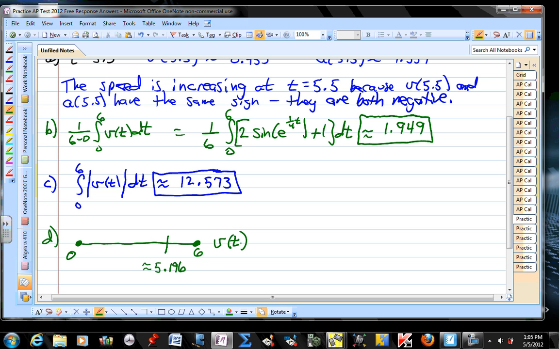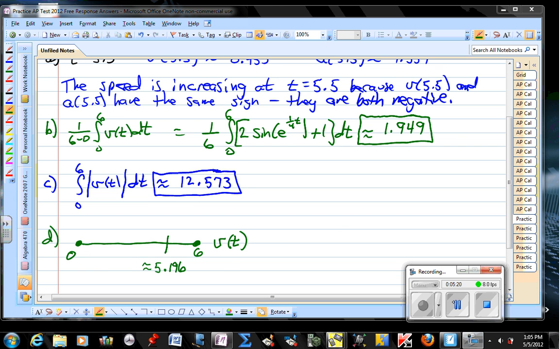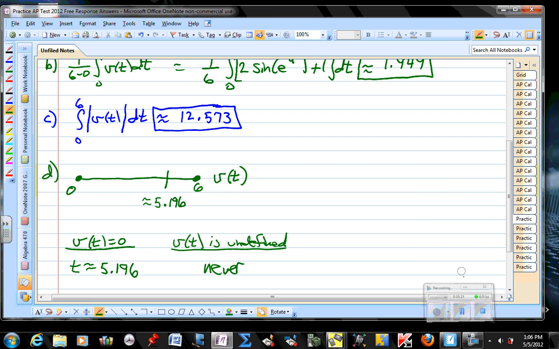The velocity is 0 exactly one time on the interval from 0 to 6, and the velocity is undefined never. So here's what we're looking at. And again, we're using our calculator. We're going to find that the velocity is positive for the first part of this interval and negative for the second part of this interval.